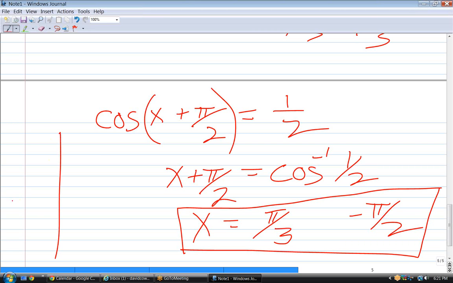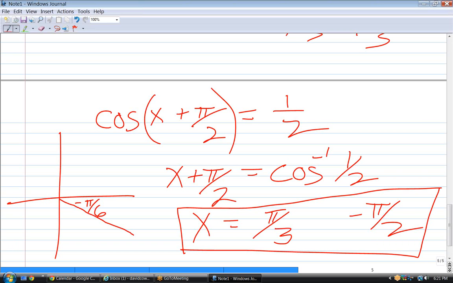Notice that negative pi over 6, hold on. If I add pi over 2 to that, I get cosine of pi over 3 equals 1/2. So that clearly is one of my solutions. Okay?